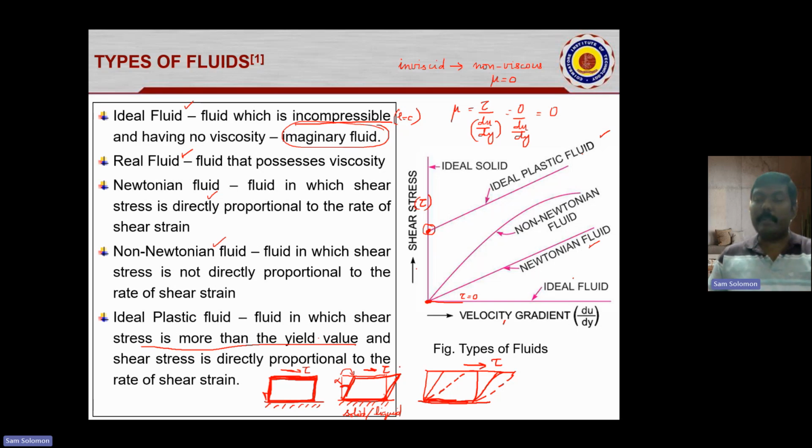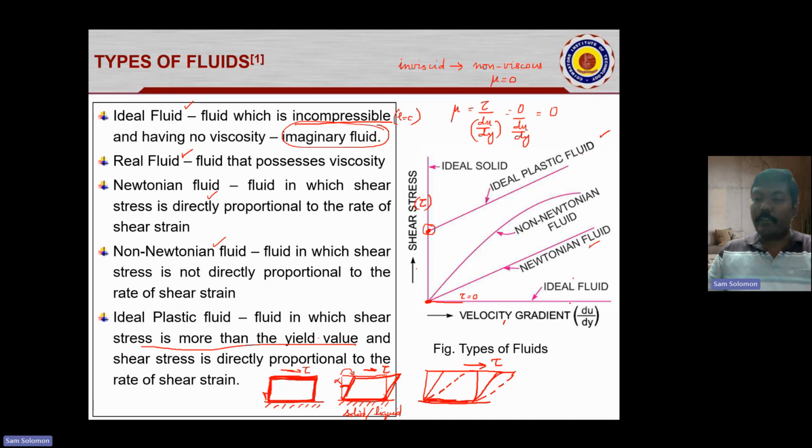Once the elastic limit has been reached, and when it is overtaken, the solid deforms permanently. That means it breaks at one particular point of time. So this shear stress, according to Newton's law of viscosity, is proportional to du by dy, and that is what we call a Newtonian fluid. And if it is not proportional, it's going to be a non-Newtonian fluid.